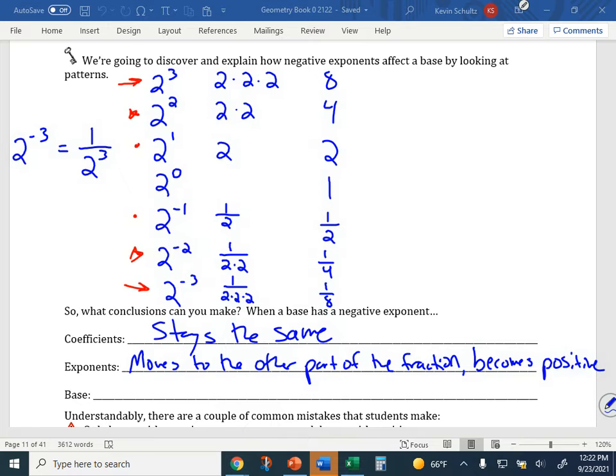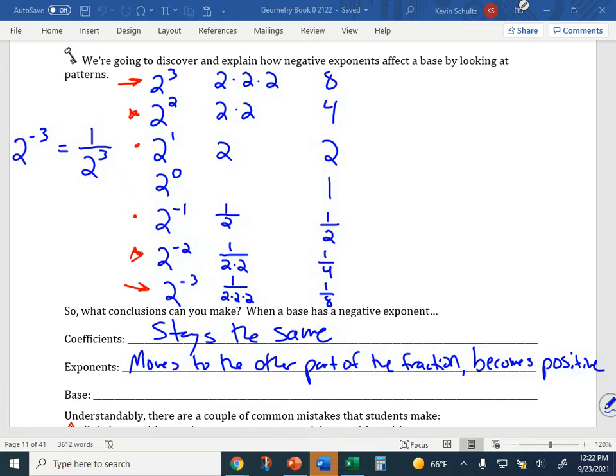And the base, in all of these, we had a base of 2. In our final answers, 1/2, 1/4, 1/8, yeah, we multiplied it out, but the base stays the same.